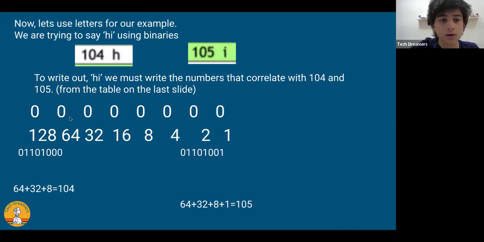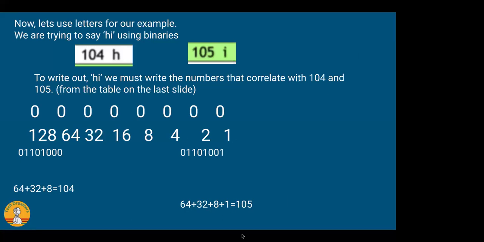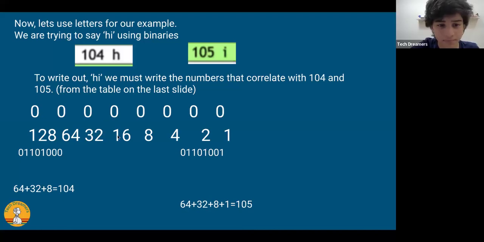Yes. So, do you see 128, 64, 32, 16, 8, 4, 2, and 1? Do you see that? Yes, I do. So this is 8 bits, and each bit we increase by 2.